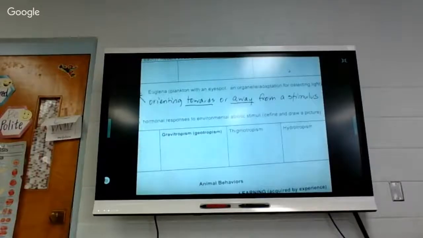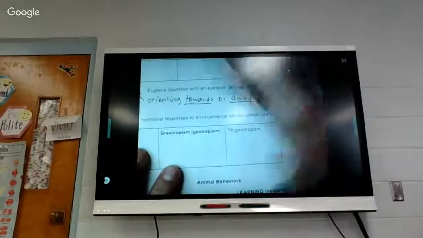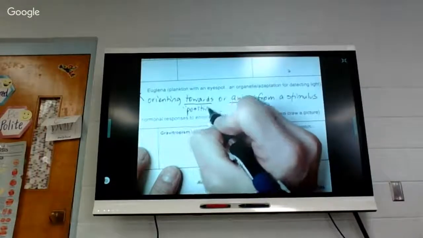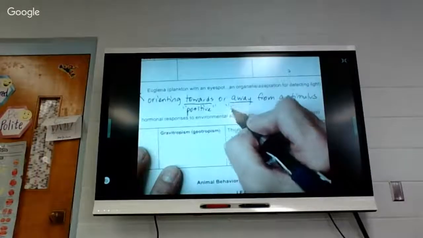So if we say you're moving towards the light, do you think that would be considered positive or negative? Positive. It is. So if you go towards something, it's called positive. So it would be positive phototaxis if you're swimming towards the light. So towards is positive, and away from is negative.